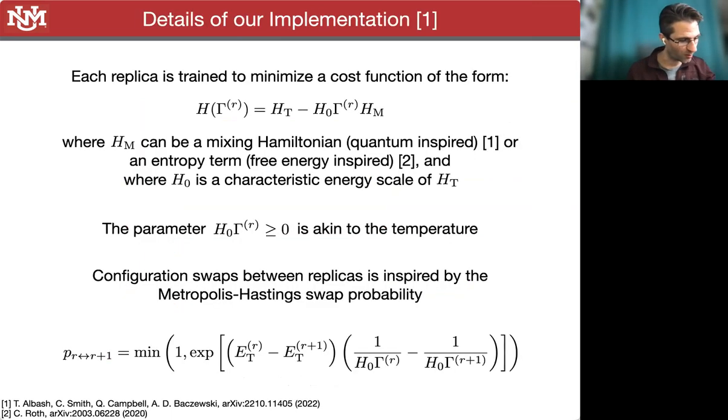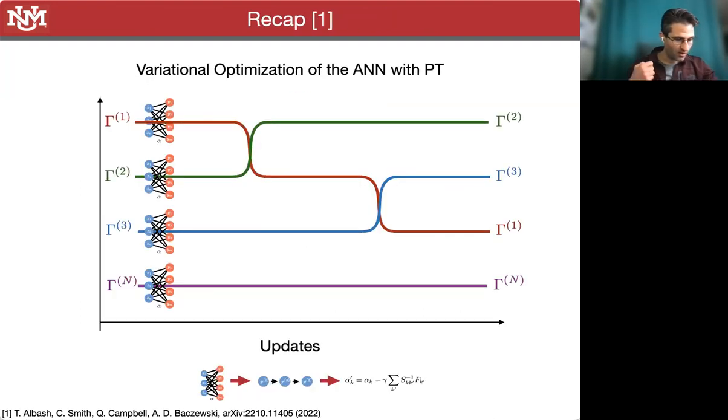So we can have RBMs that are being trained with a very small gamma, so basically you're training them with the target Hamiltonian, but you can also have RBMs that are being trained with a very noisy or very high gamma. So it's like they're being trained at high temperature.